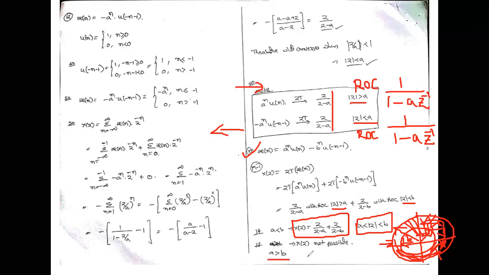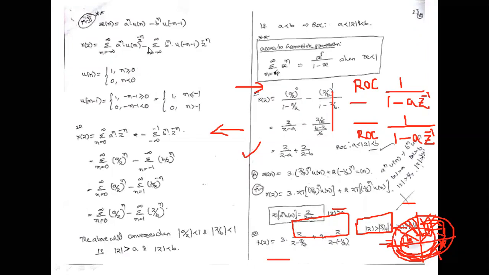And if a is greater than b, then the radius a is larger and b is smaller, so there is no common region.